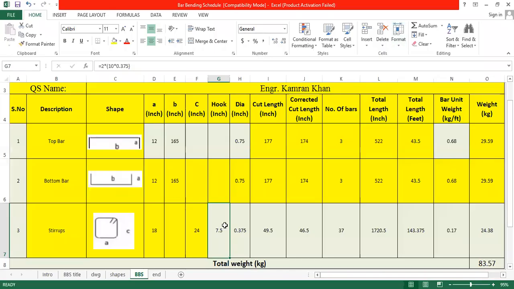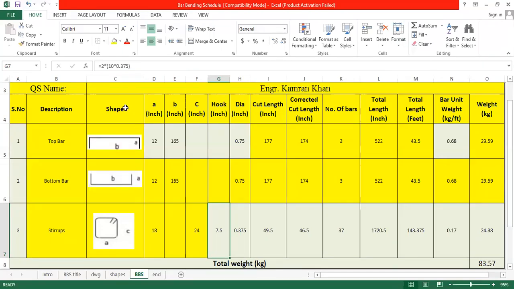Now let us see how we are calculating the hook. For the hook length, we have different specifications. In some specifications, it is mentioned that the length of the hook should be equal to 9 dia bar, some say 10 dia bar, and some say 12 dia bar. Let me take 10 dia bars. Over here the dia bar is 0.375 inches, and I'm using 10 as the factor.